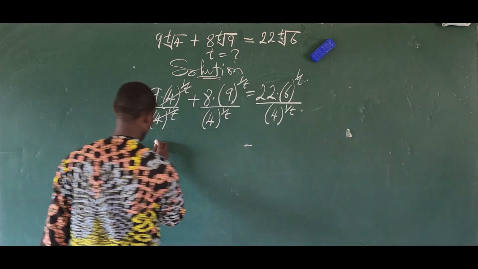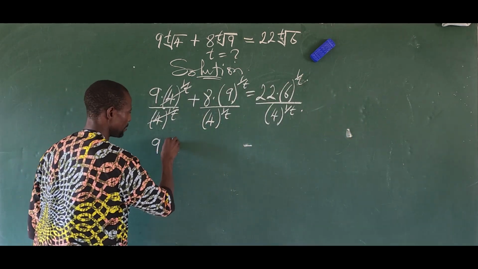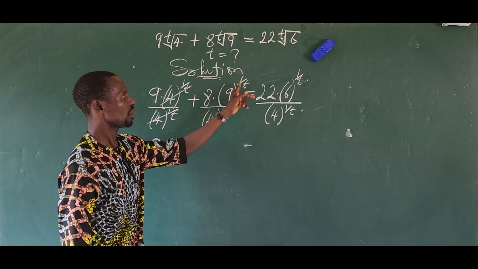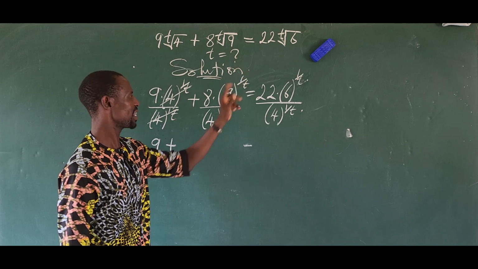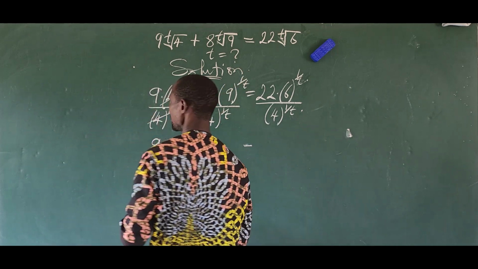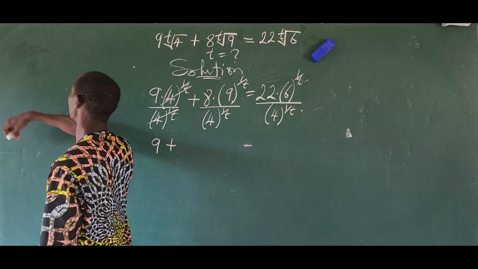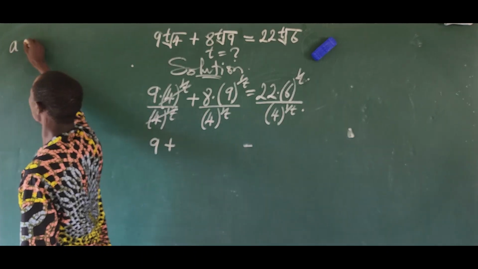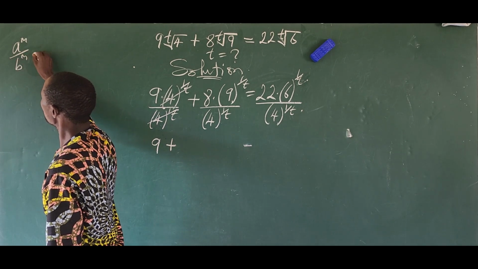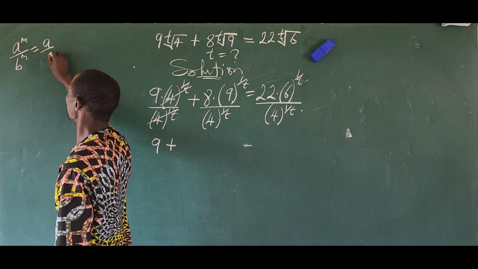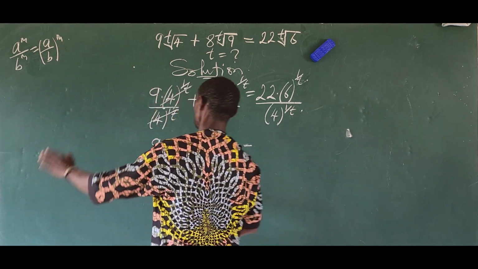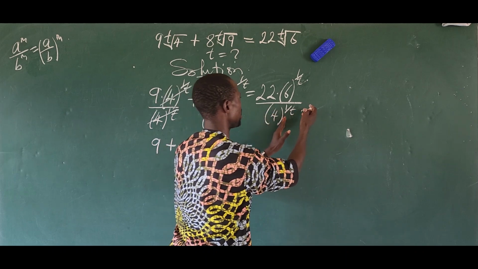So let's put down the 9 there plus, look at what we're having here. We're having 1 over t at the exponent, and we're equally having 1 over t at the exponent. So we apply a simple law which says that a to the power of m over b to the power of m is equal to a over b all raised to the power of m.